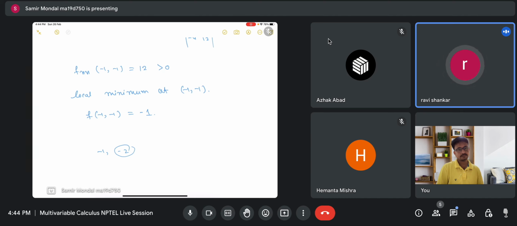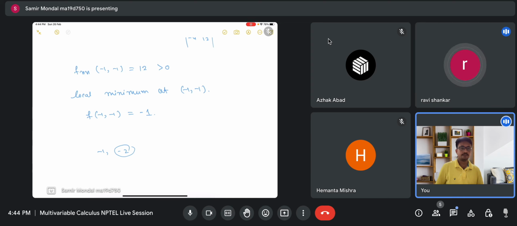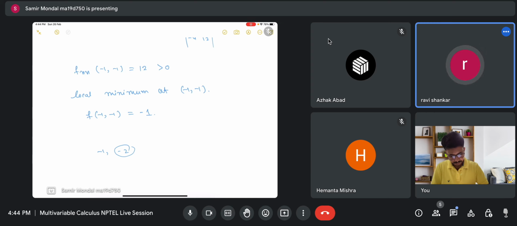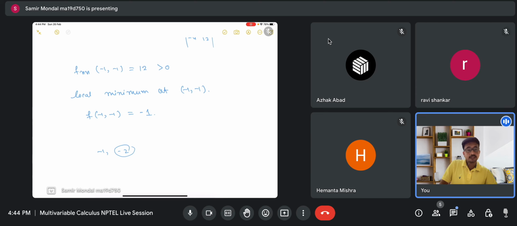Means like a critical point, absolute will also lie on the critical point itself. Yes, if no boundary is there, only that time. In both cases no boundary is there. Next we'll go to the next example. That time you can observe the boundary is there. That time the scenario will be a little bit different.